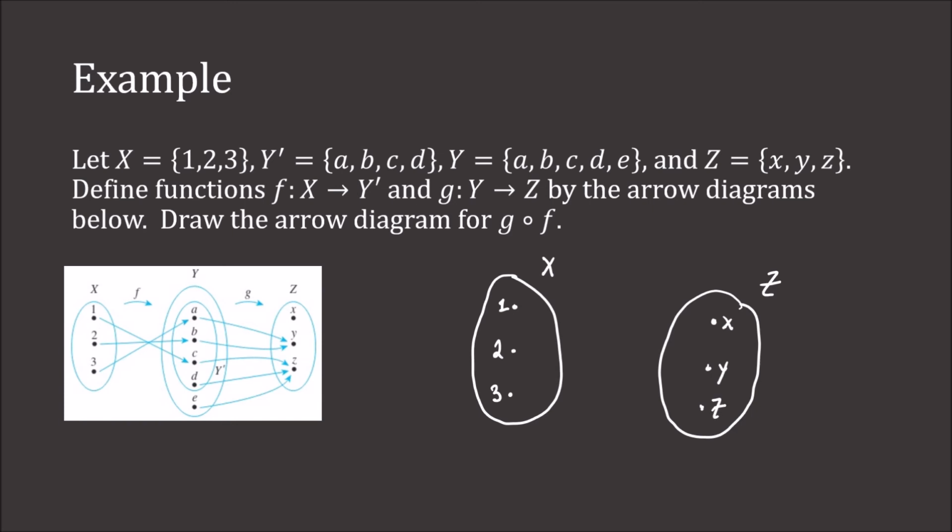So we look at this diagram and go, okay, f will send 1 to c, and then g sends c to z. So g of f would send 1 to z. So 2, f sends 2 to b, and then g will send b to y.